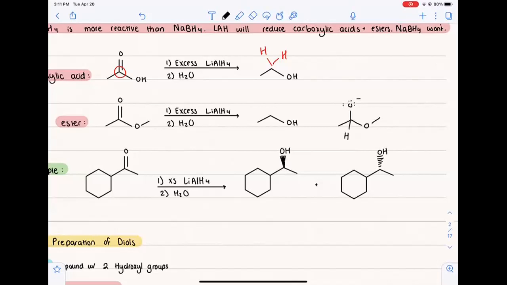Instead of having an oxygen again, we would be left with this, so an aldehyde instead of that alcohol, because that other LiAlH4 would come and finally give us this. But if it was only one, that was actually a really great question, then we're left with an aldehyde.